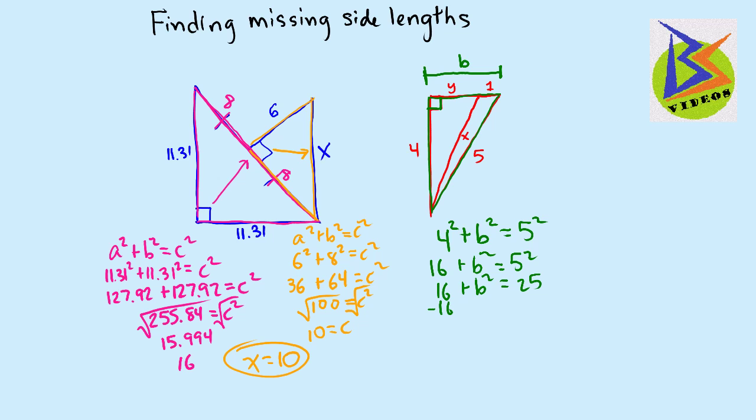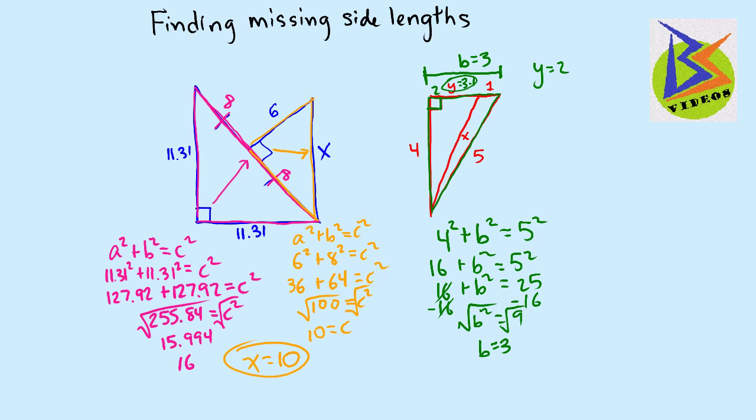Subtract 16 from both sides. b squared equals 9. Take the square root of both sides. b equals 3. So we know that this whole thing equals 3. When we take 1 away, 3 minus 1, we know that y equals 2. So this whole thing here is just 2.